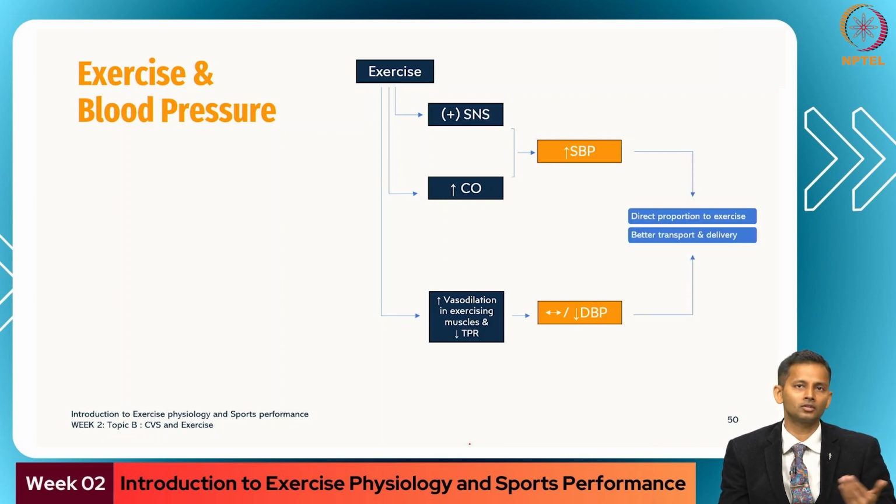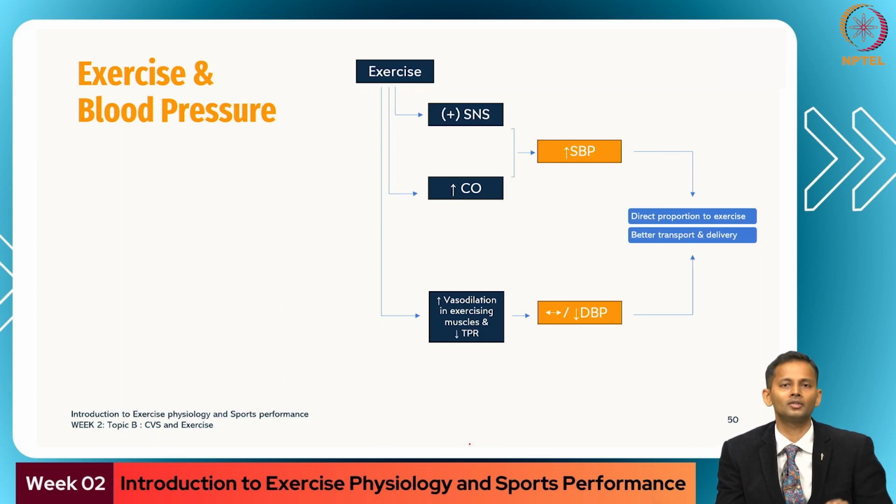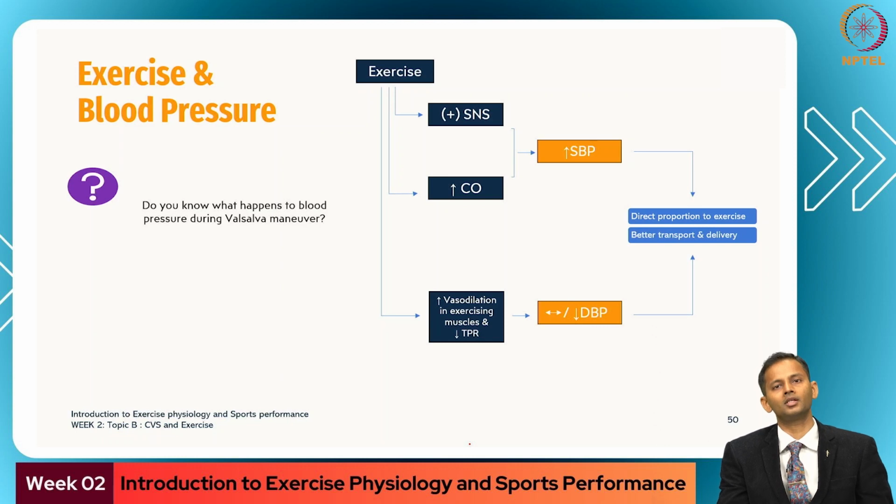So that's how the response happens, and because of this, there is not much change in the diastolic blood pressure. So this causes a better transport and delivery of the nutrients as well as the gaseous substances.